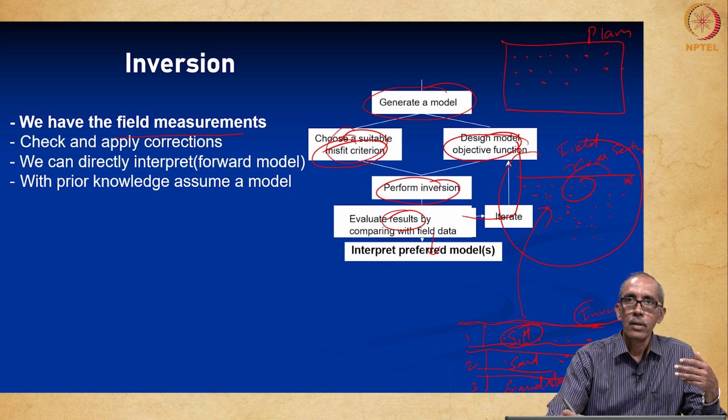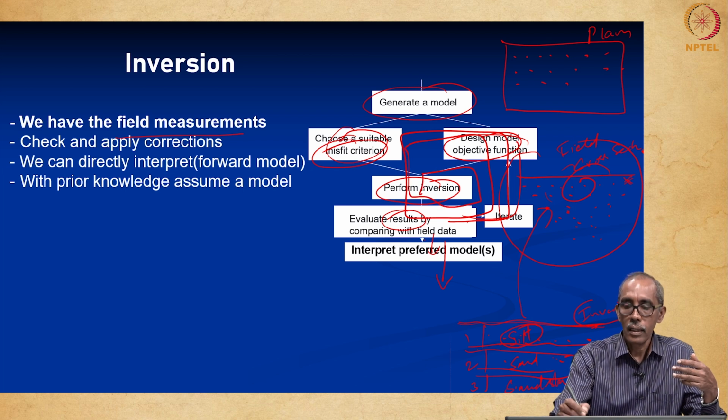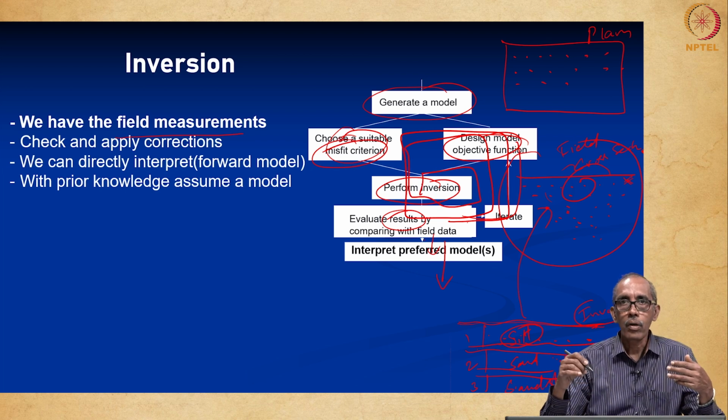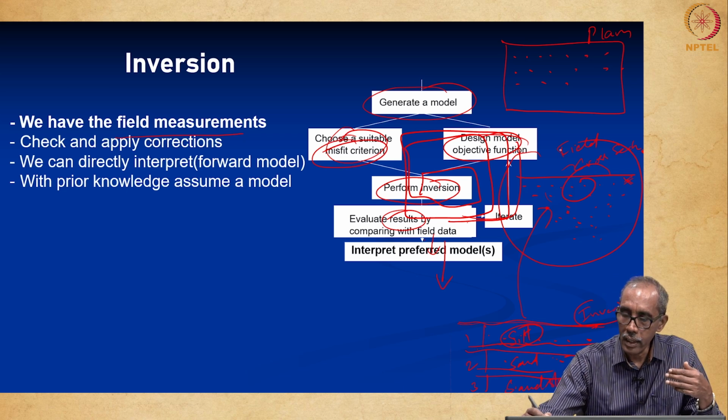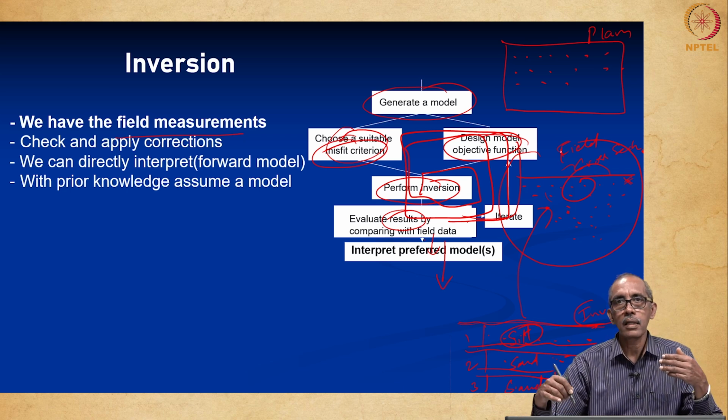If I am satisfied, I go here. If I am not satisfied, I iterate. So, this is how I keep iterating till we come out with a stage where our field data is reasonably matching with the inversion data we have obtained by calculation.